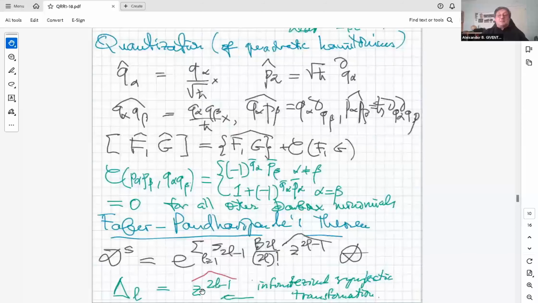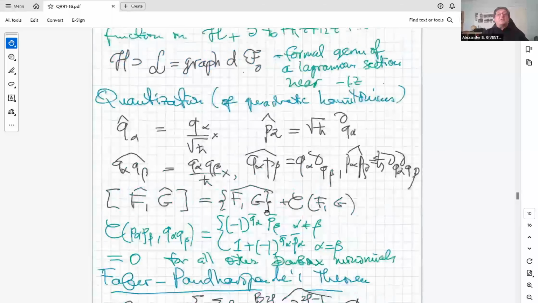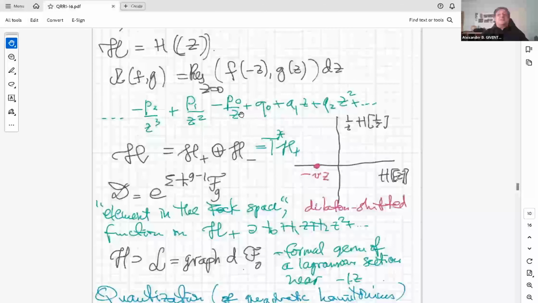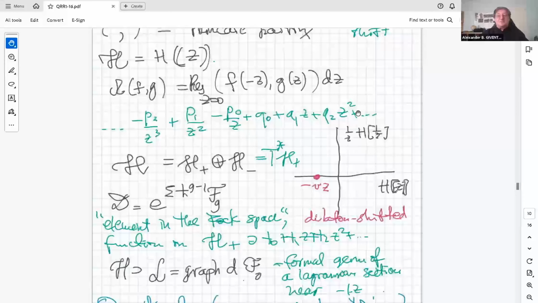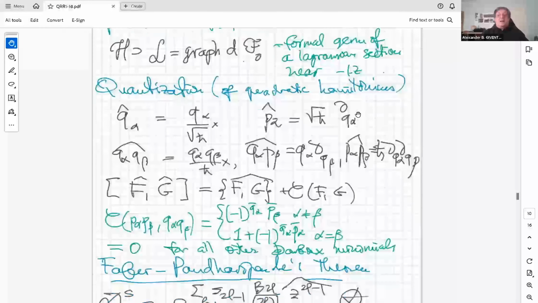That is, if you consider the space of Laurent series, multiplication by z to the 2l minus 1, if you think of this symplectic structure, is an anti-symmetric operator with respect to the symplectic structure, because of the odd power of z and this extra minus. Therefore, it is an infinitesimal symplectic transformation.